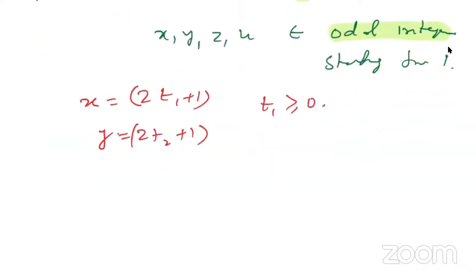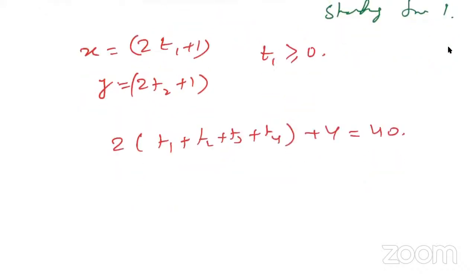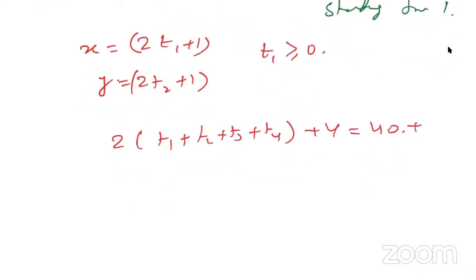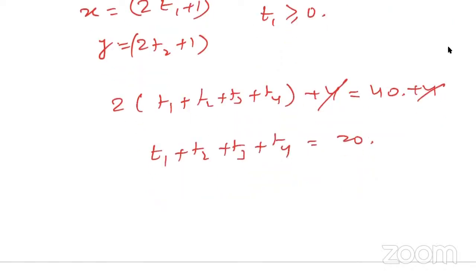If I put all the values, t1 plus t2 plus t3 plus t4 plus 4 is equal to 44, 44 minus 4 is 40, so 2 times the sum is 40, which means t1 plus t2 plus t3 plus t4 is equal to 20, right? 20 plus 4 minus 1, 23C3 would be the answer.